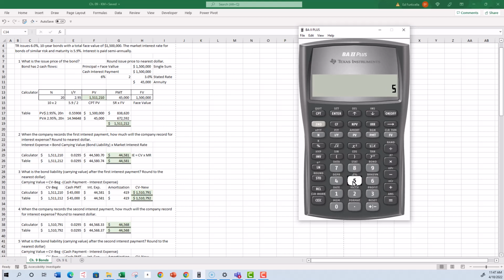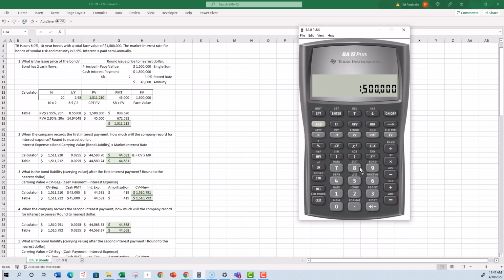The IY is always based on the market rate of interest. The market rate of interest is 5.9%. 5.9% divided by 2 is 2.95. You always use the market rate for the IY in your calculator. The payment's going to be $45,000 every 6 months, the stated rate times the face value.